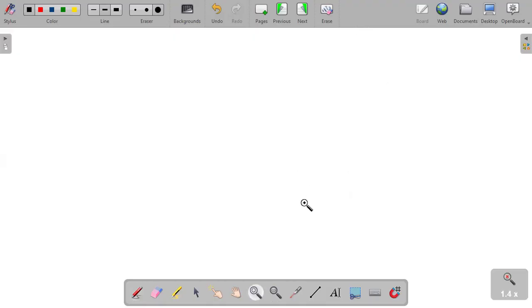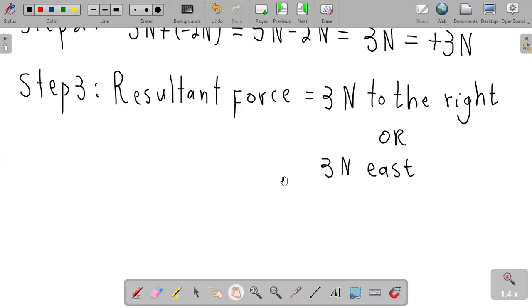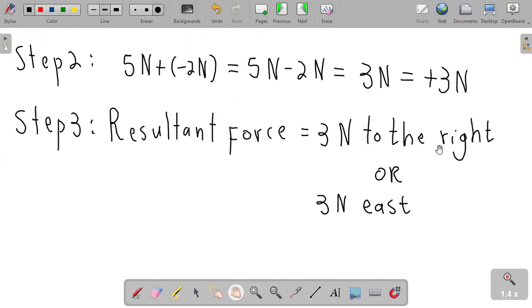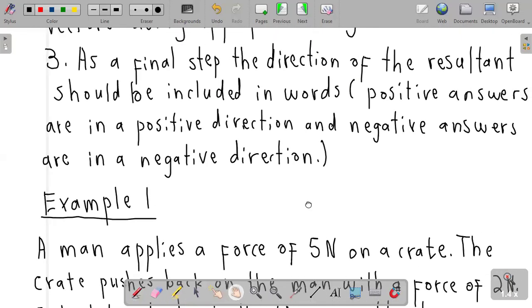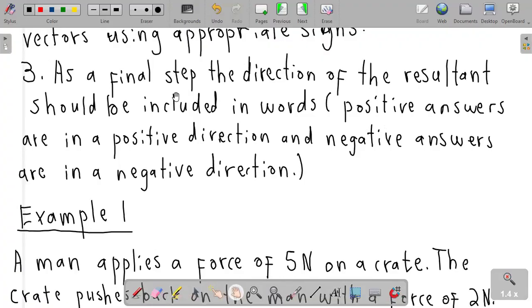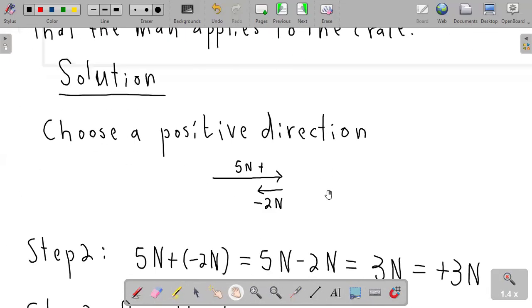You see step 3 here, what it says: as a final step, the direction of the resultant should be included in words. Positive answers are in a positive direction and negative answers are in a negative direction.